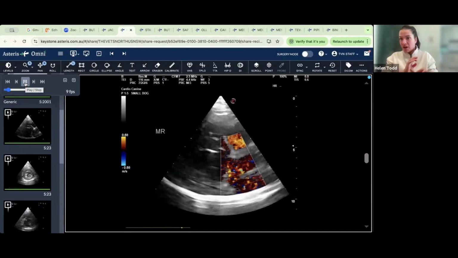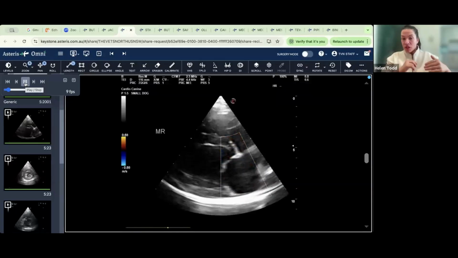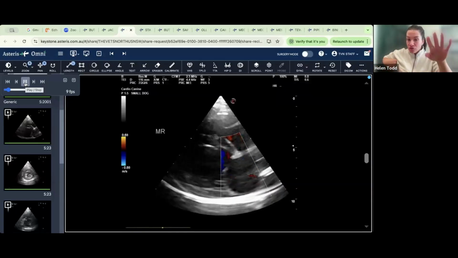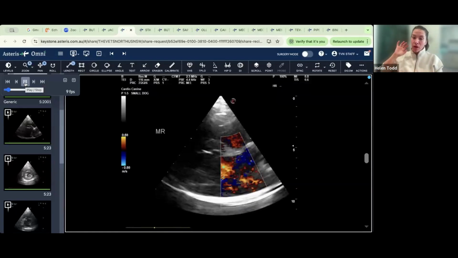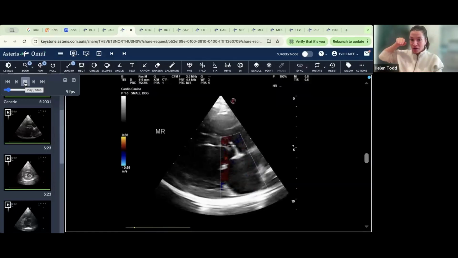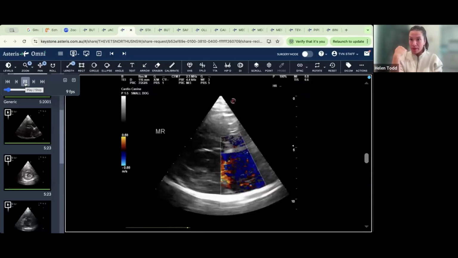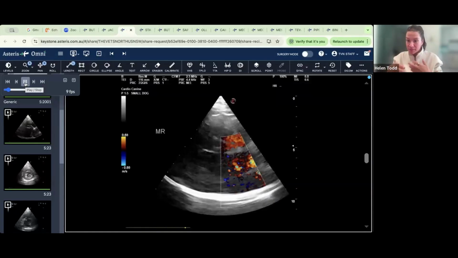Same for the tricuspid valve, it should be going out the pulmonic artery, it's going back through the tricuspid valve. So in systole, we get this really turbulent color flow. I'm really sorry if this is basic, but I feel like it's good to go over: blue is away from the probe, red is towards the probe, mixed is doing whatever it likes.